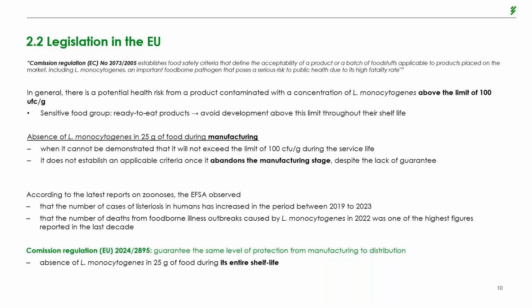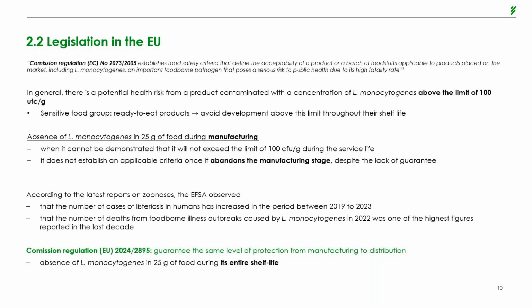The food safety criterion for a product contaminated by this pathogen is a level above 100 CFU per gram, especially when we are talking about ready-to-eat products, because there is no treatment such as cooking, high temperatures, or any other treatment to eliminate this pathogen.